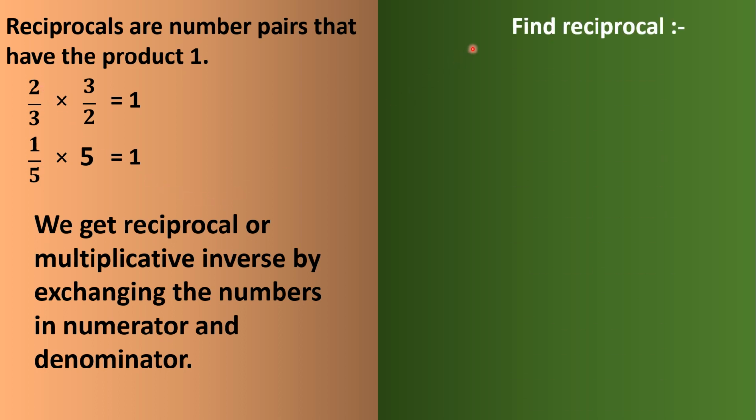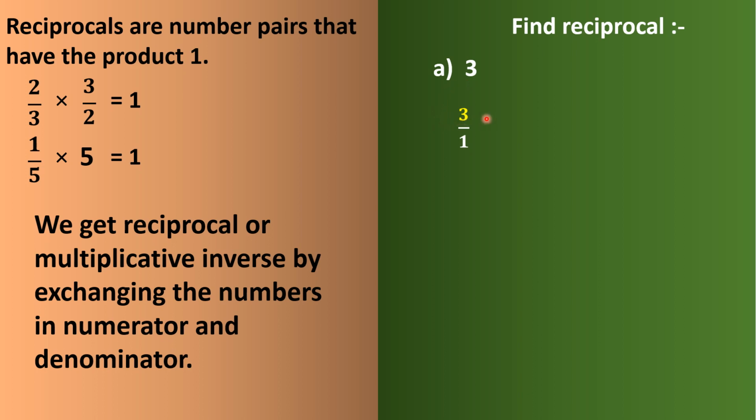For example, just see here, here is a whole number 3 and we need to find the reciprocal of this whole number 3. But you know that we can write this 3 as a fraction also, like this 3 by 1, where 3 is a numerator and 1 is denominator. Now we can easily find the reciprocal of 3 by 1.